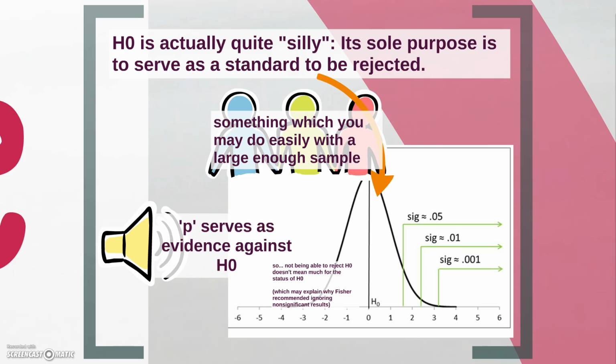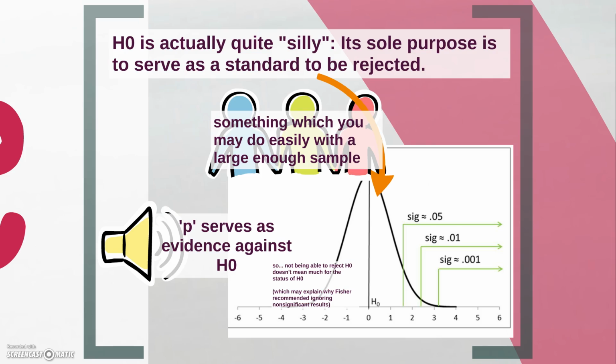Alright. Now, for rejecting this standard, if there is any difference between, for example, groups, it's very easy to reject the null hypothesis and find a significant difference if your sample size is large enough.